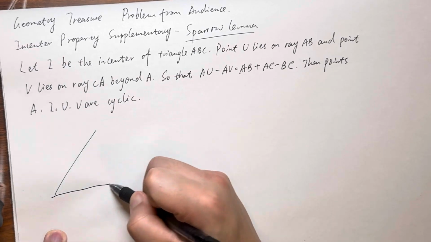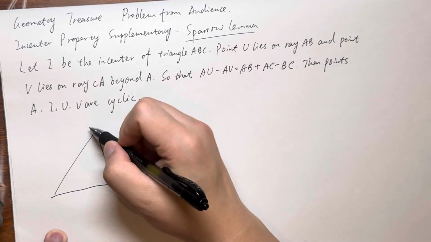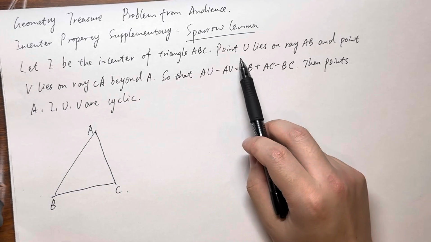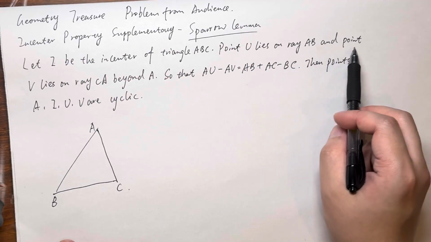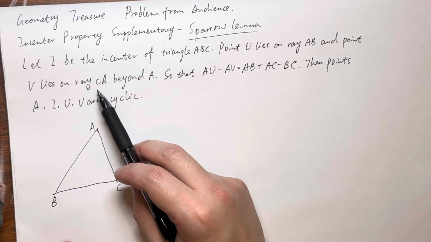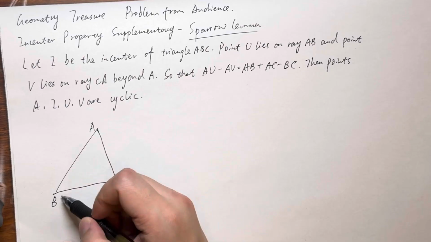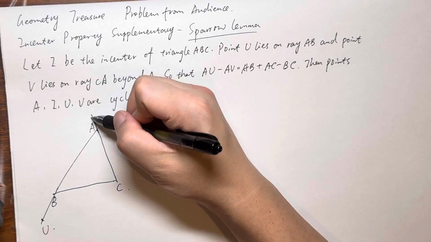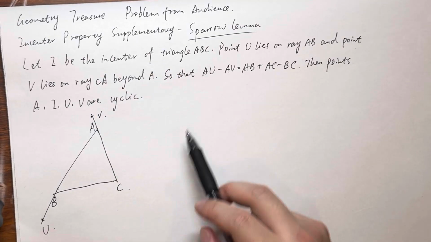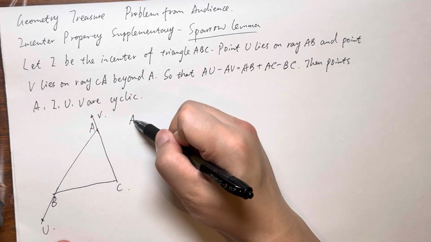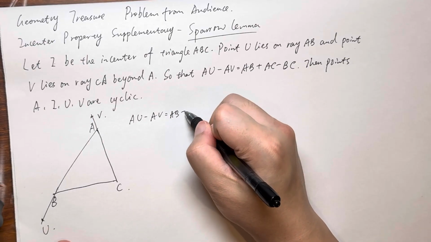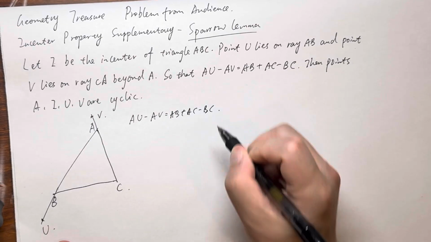So we have a triangle here. Let's call it ABC. Point U lies on ray AB and point V lies on ray CA beyond A. So this is U, this is V, so that AU minus AV equals AB plus AC minus BC.